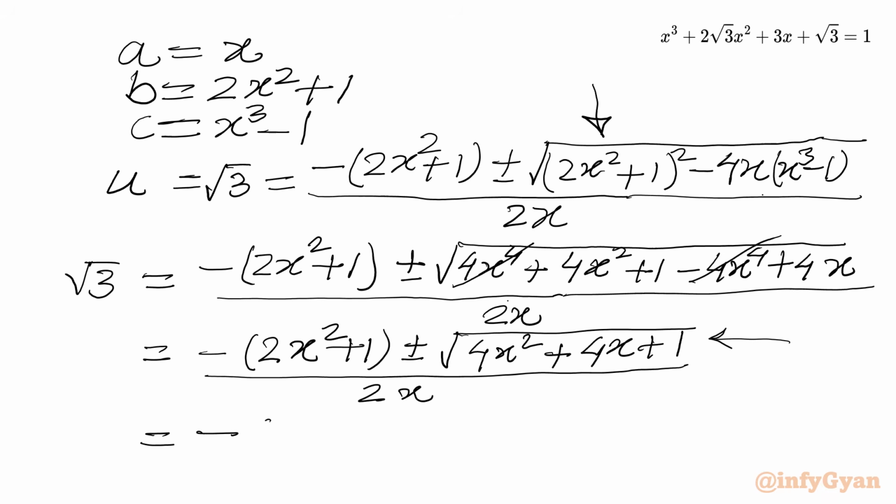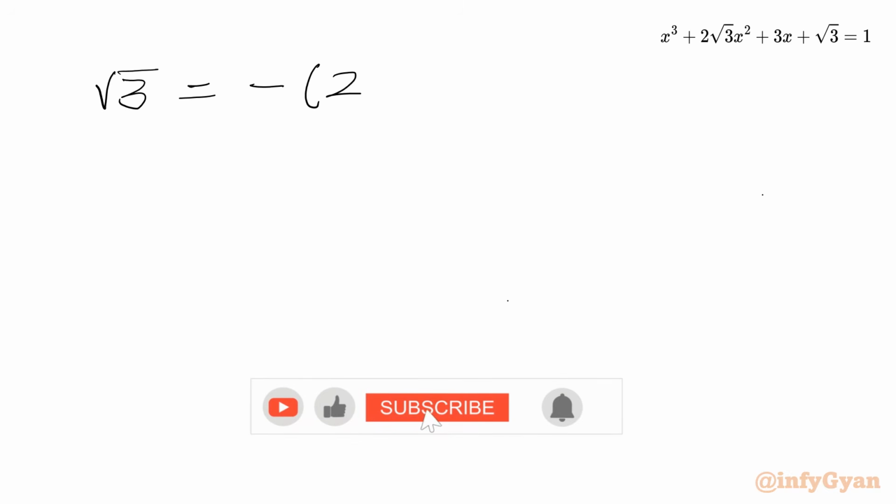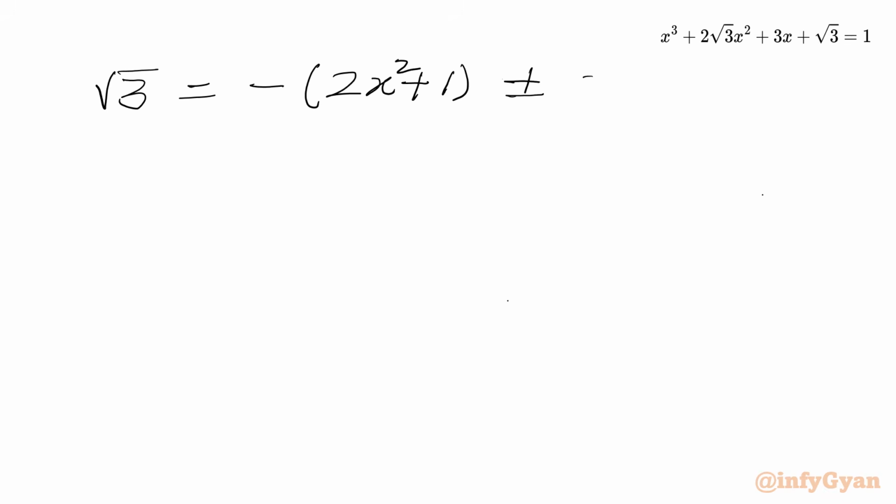So we can write minus 2x square plus 1 plus minus square root of 2x plus 1 whole square, and in the denominator we have 2x. Now we can cancel the square root with the square, and we can write root 3 equal to minus 2x square plus 1 plus minus 2x plus 1, and in the denominator we have 2x.